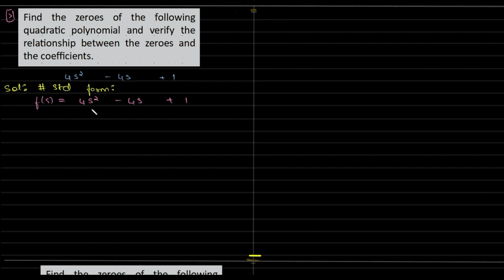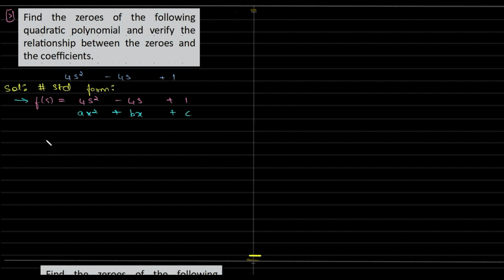So please don't get confused, it's just another variable. In place of x they have written s, and to indicate that the function is dependent on the variable s, I have written f of s, not f of x. Small technicalities, but the logic is the same. So is this in standard form, ax square plus bx plus c? Yes, it's in standard form.